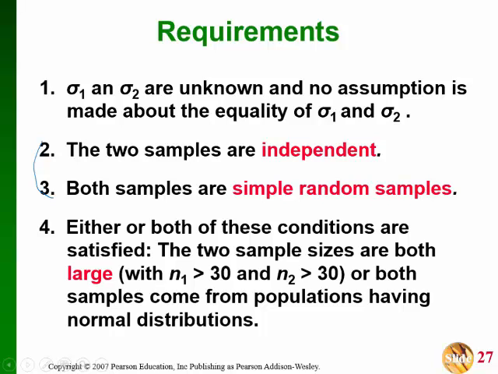And since we don't know anything about them, we're going to assume that they're not equal. And then we want either or both: the 2 sample sizes are large enough with n bigger than 30, or the 2 samples come from a population that is normally distributed.